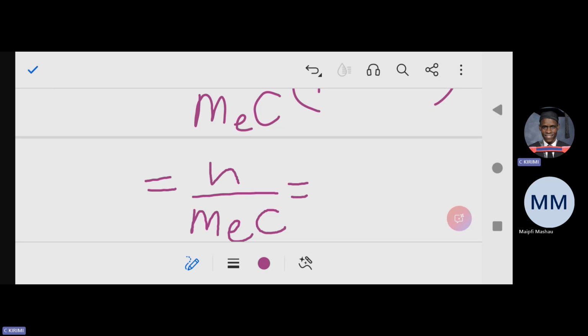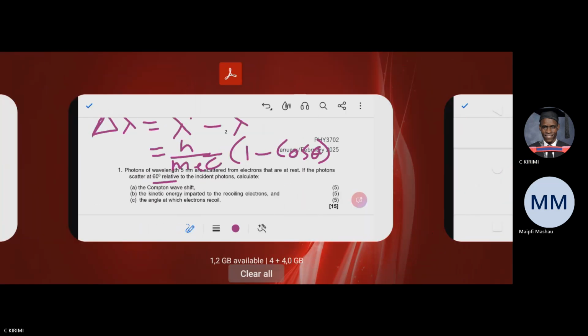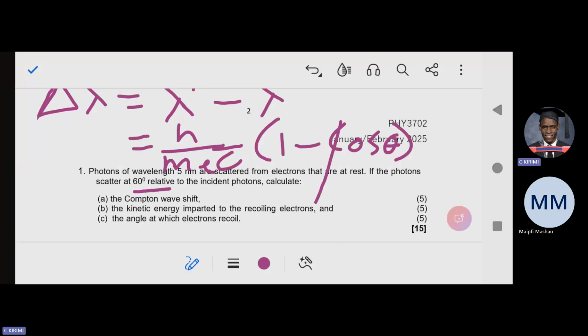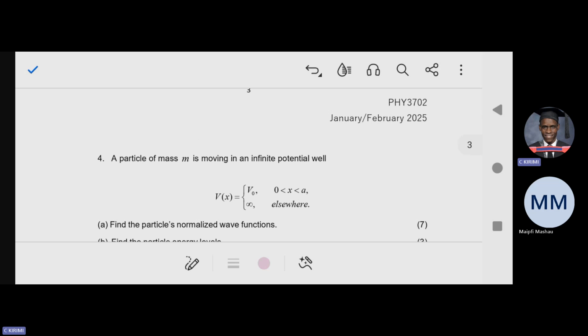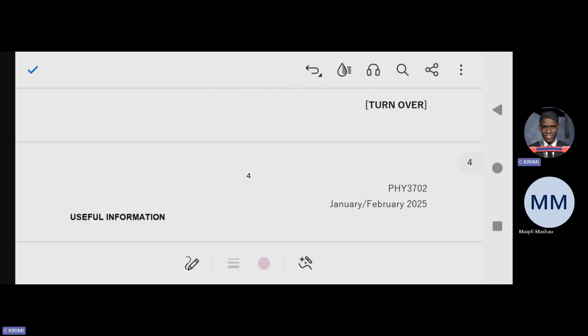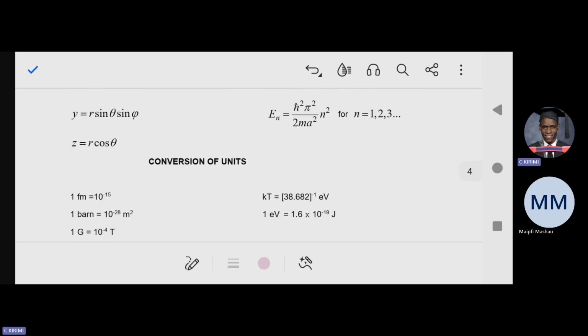It is 2.43 times 10 to the power of negative 12 meters. But you don't have to memorize this; it is on the given information sheet. Then from the h over m c.